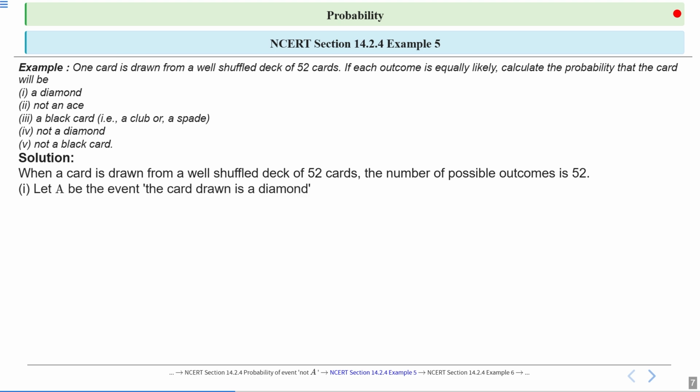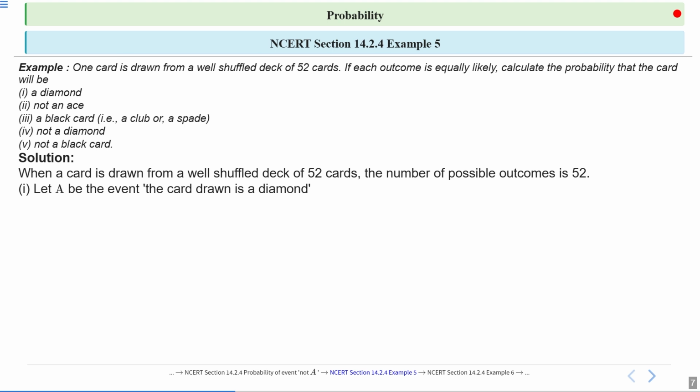And now we let A be the event: the card drawn is a diamond. So we first take the event, that is, the card drawn is a diamond. Suppose you have drawn a card from a well shuffled deck of 52 cards and that card is a diamond. So this is our event.